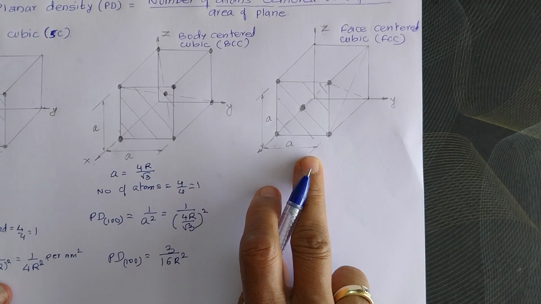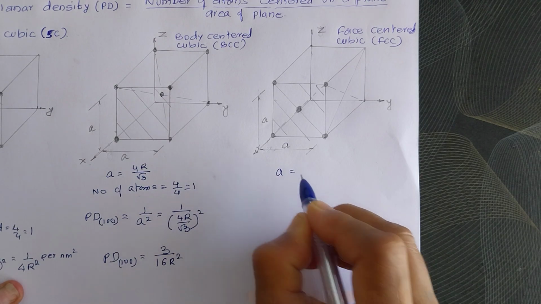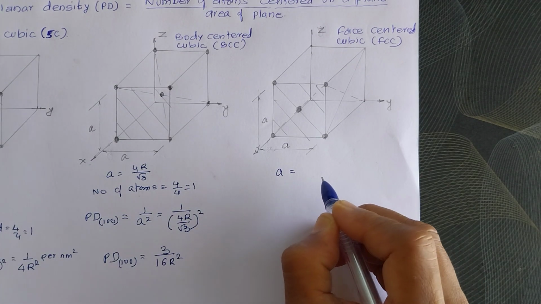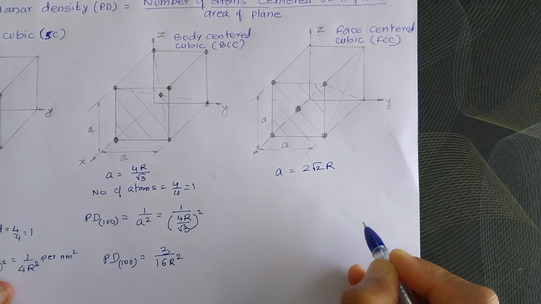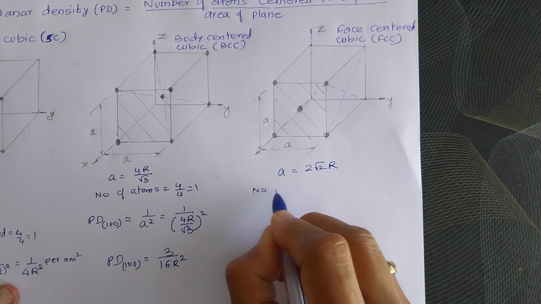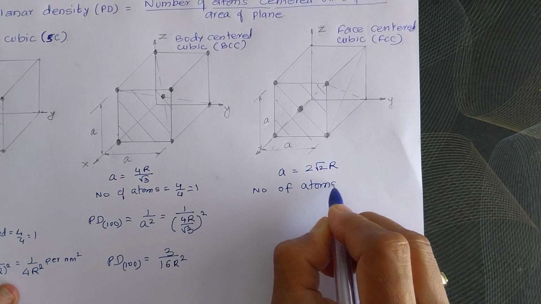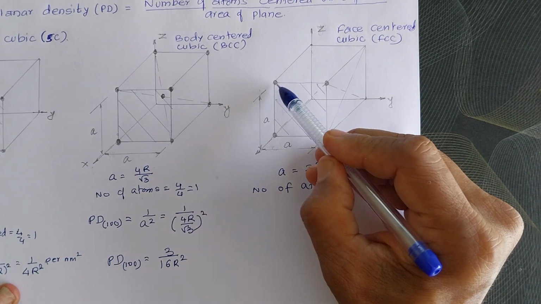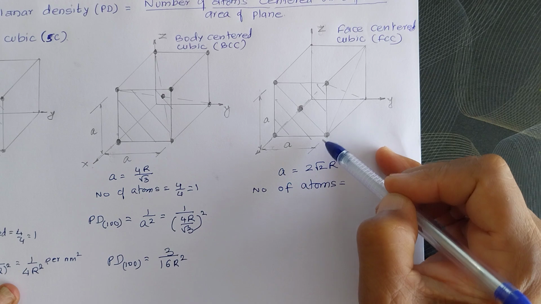Moving to the face-centered cubic structure, we note that the lattice parameter for the face-centered cubic structure is A equal to 2 root 2 r. For the number of atoms, we find that we have 4 at the corners, shared by 4 unit cells, so 1/4 from each corner.